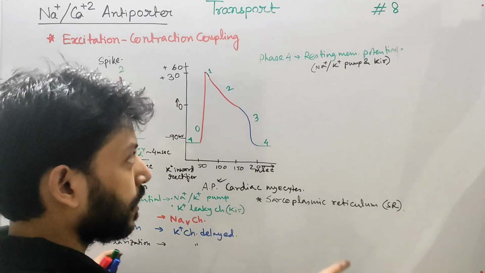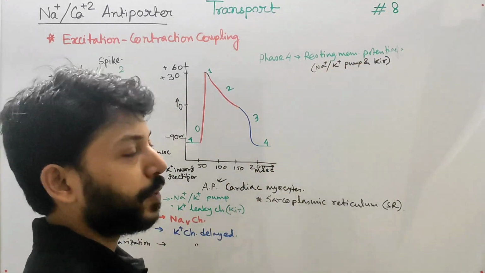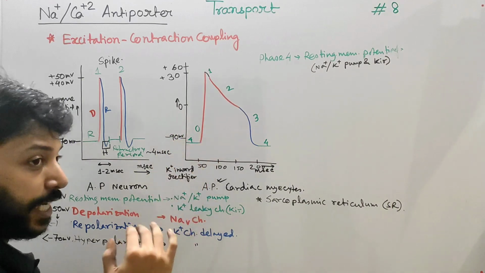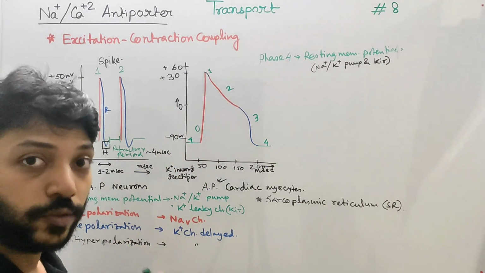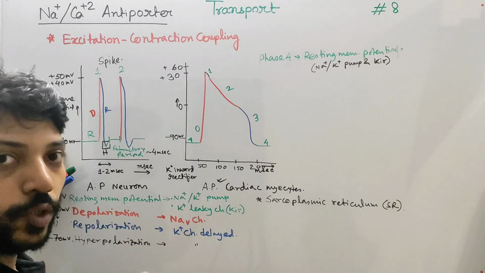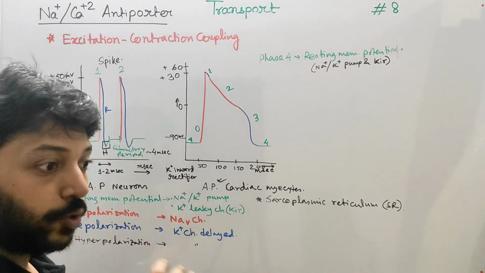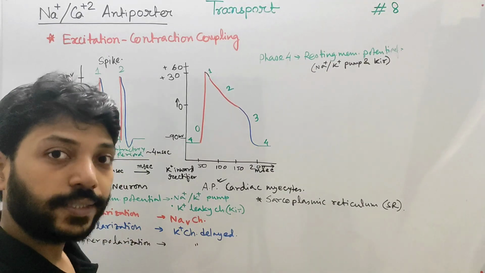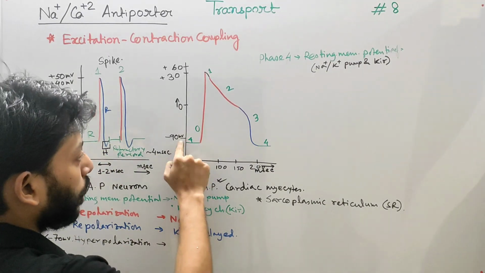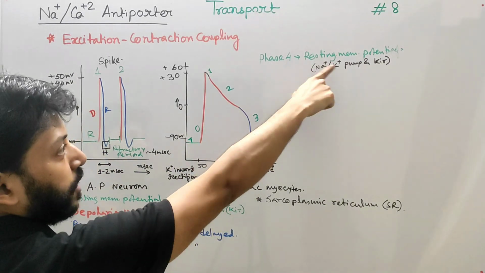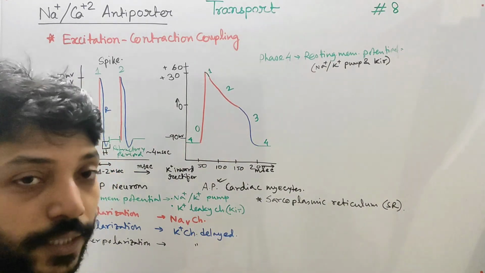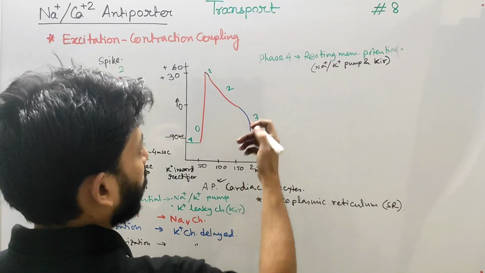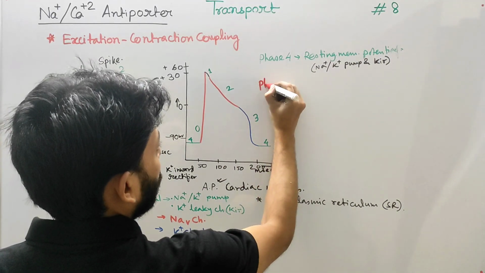In all animal cells, this is the cause of resting membrane potentials, and in this case the resting membrane potential is below minus 90 millivolt, because in my previous video I have also mentioned that the resting membrane potential is not fixed at minus 70. It could vary from minus 20 to minus 200 millivolt. It depends on the cells and organisms. So it is below minus 90 millivolt, and it is maintained by this sodium potassium pump and the leaky channels.